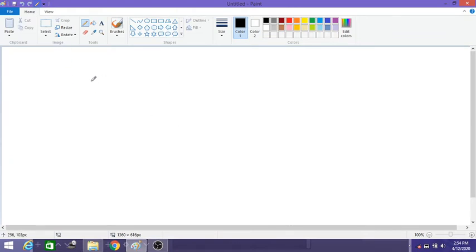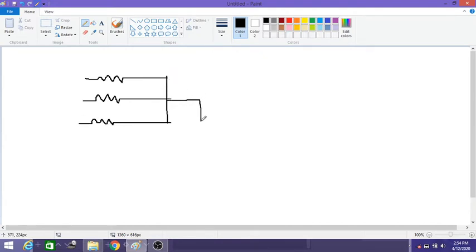So here one circuit is given. We have one circuit here with the three input voltages. These are connected to the inverting terminal. Now there is a feedback resistor connected from output to input. Now let us define the values for these resistors.